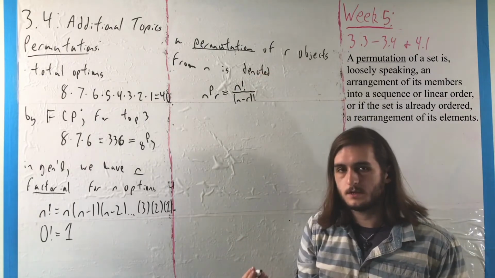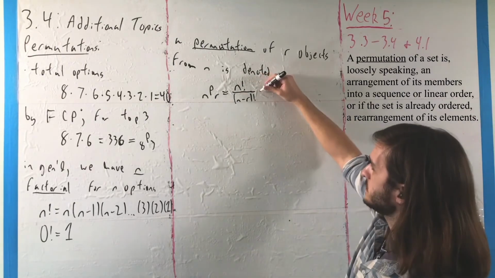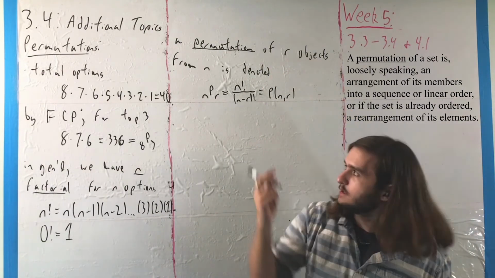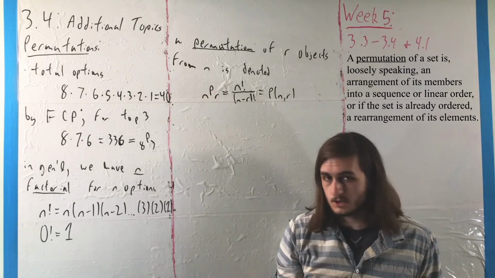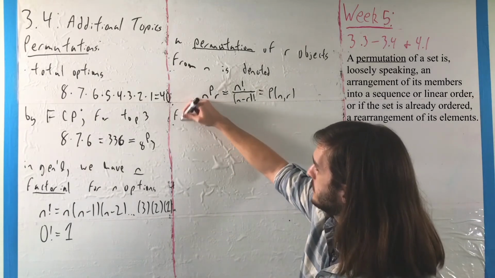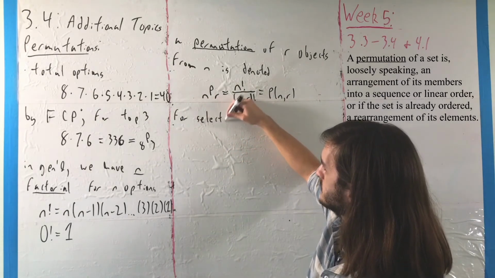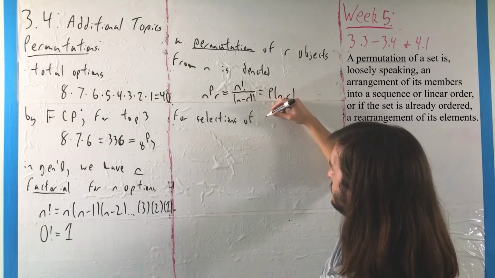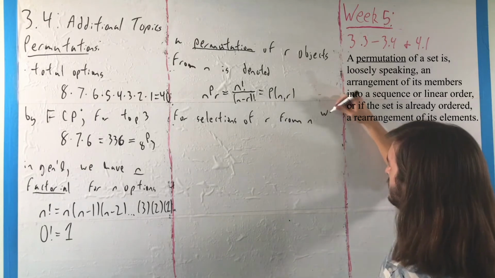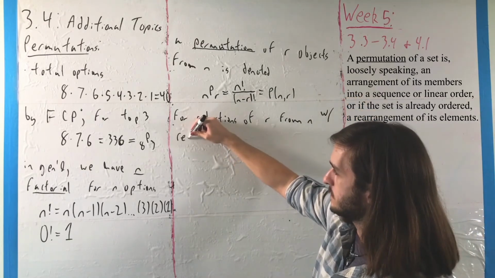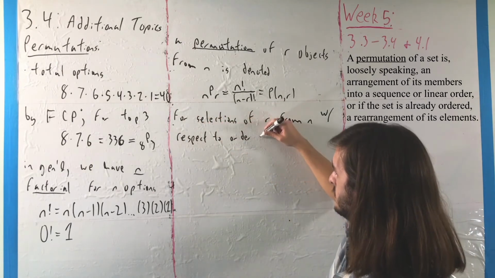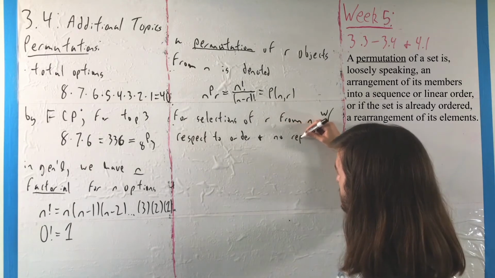And there's other ways you can denote this. I've seen permutations also denoted P n comma r in parentheses. I think this notation's a bit cleaner, but this is the one the book uses, so I'll try to use it as much as possible. What this does is it looks at selections of R from N with respect to order, that is, order matters, and no repeats.